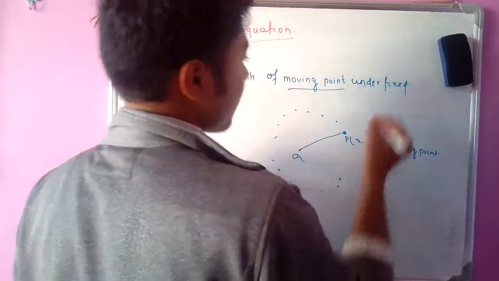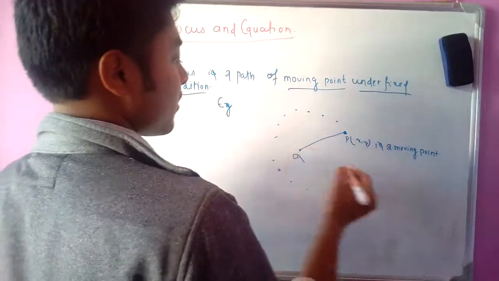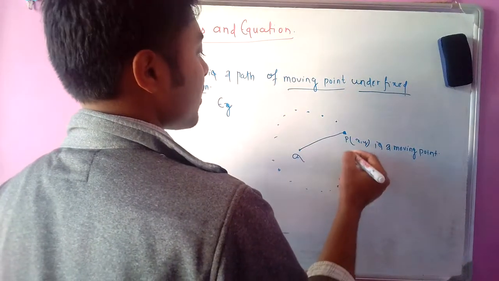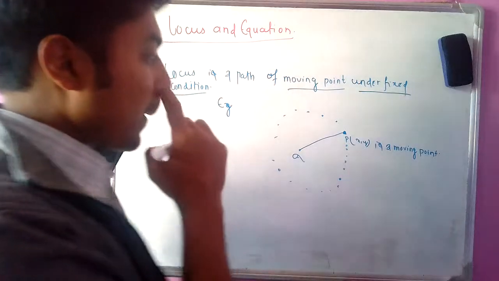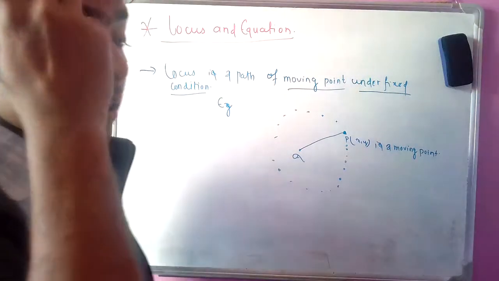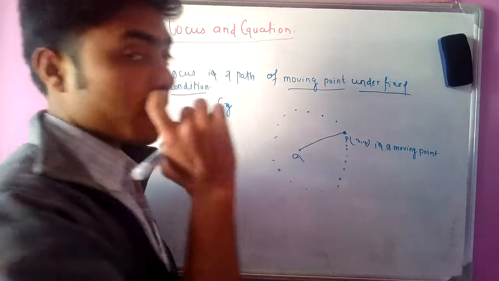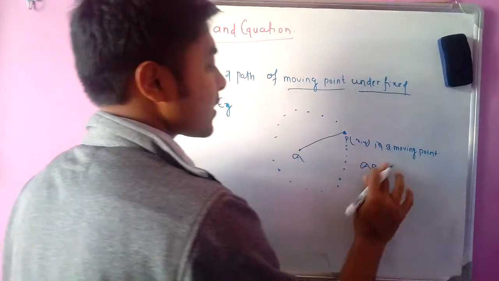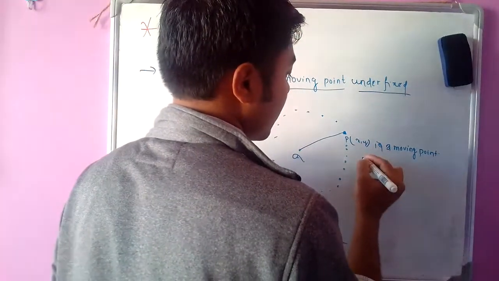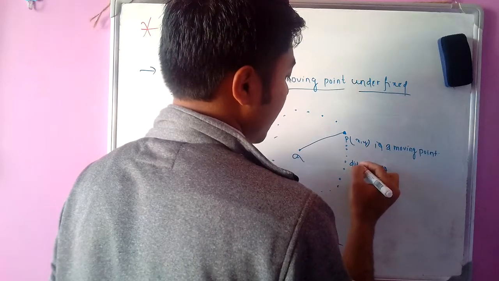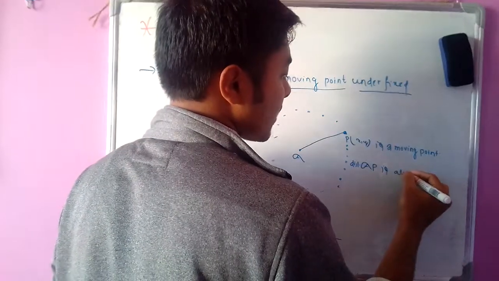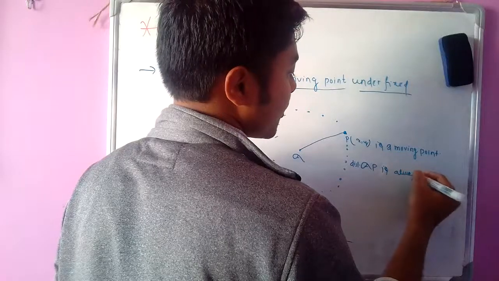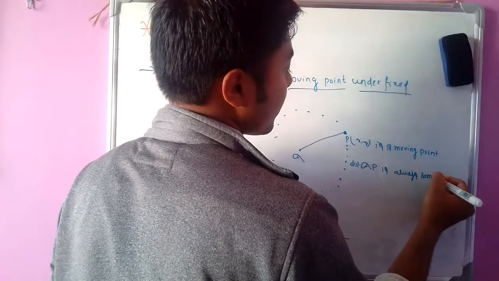We have discussed that it moves under a fixed condition, and the condition is simple: the distance of AP is always the same.